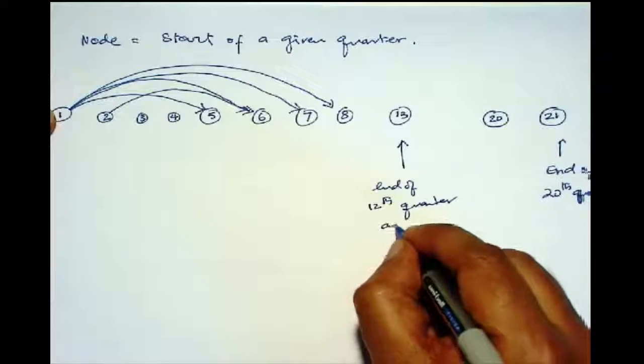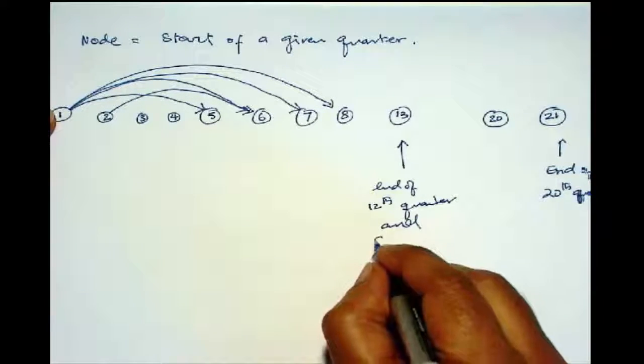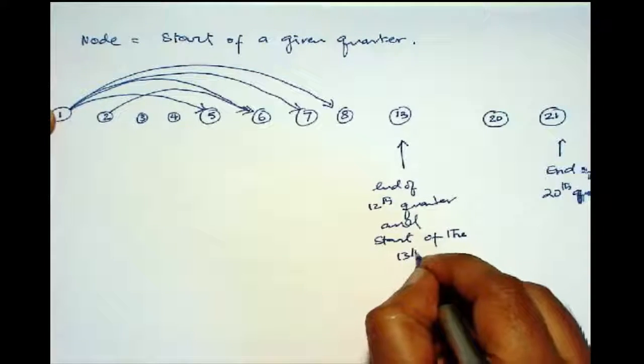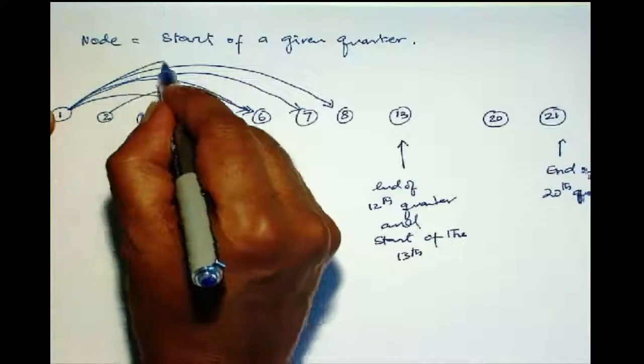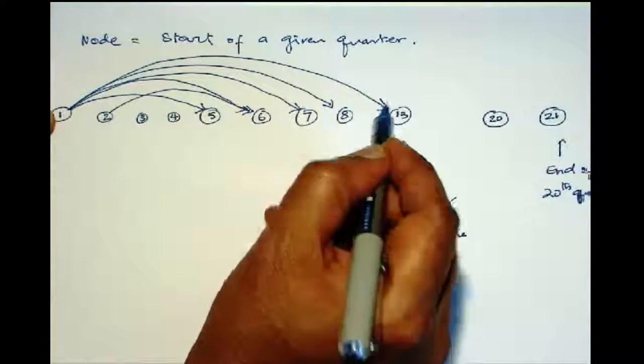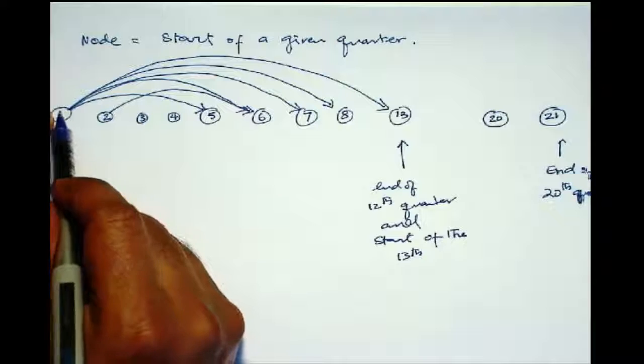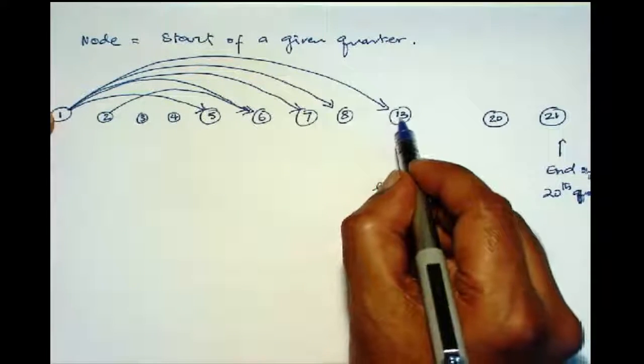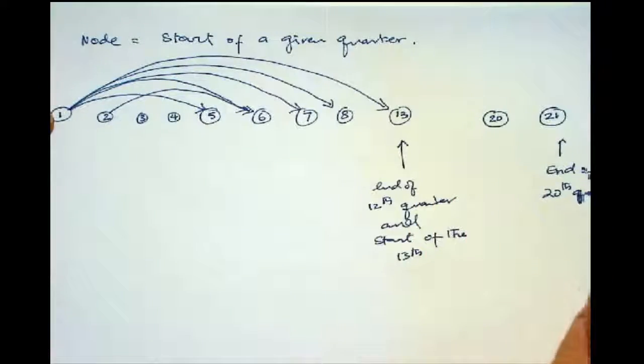So that is the last arrow coming from 1. So from 1 you will have arrows going to 5, 6, 7, 8 all the way up to 13. After that, no more arrows. Similarly, from 2 you go 2 to 6, 2 to 7, and so on, and then up to 2 to 14.